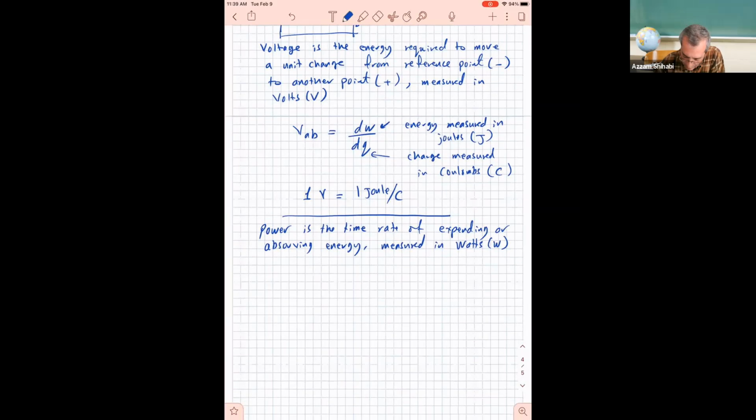So it's the rate of change of energy, dW dt.